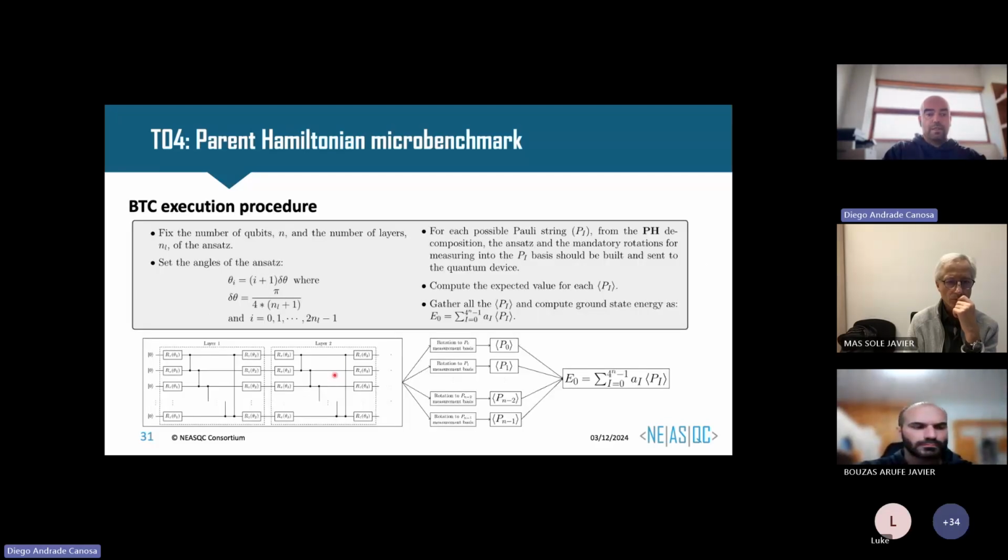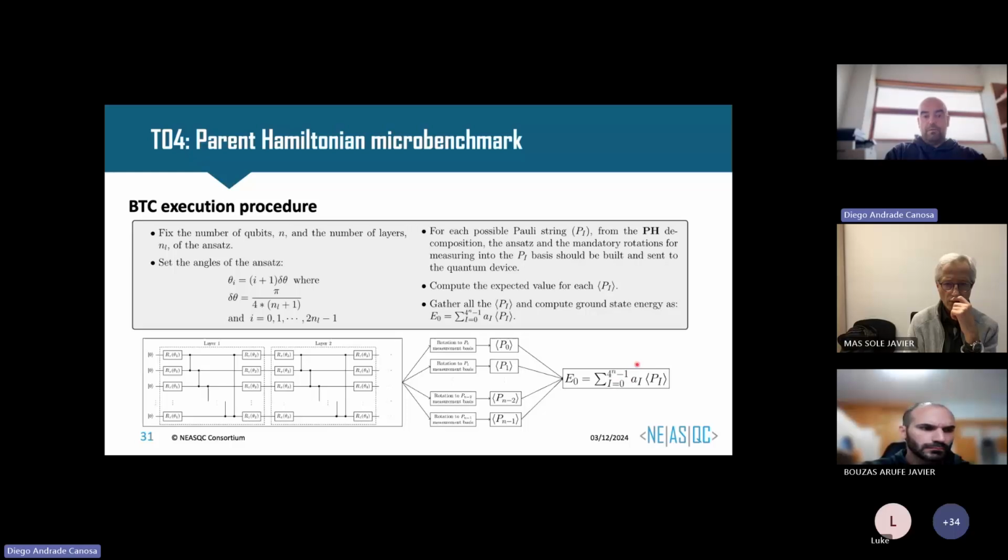So having this, and in the context of the algorithm, we are going to use this Pauli string decomposition from the parent Hamiltonian to measure the output of the ansatz in different bases. And this is going to give me, one by one, the different expectation values in the different Pauli string decomposition where we want to measure the output.